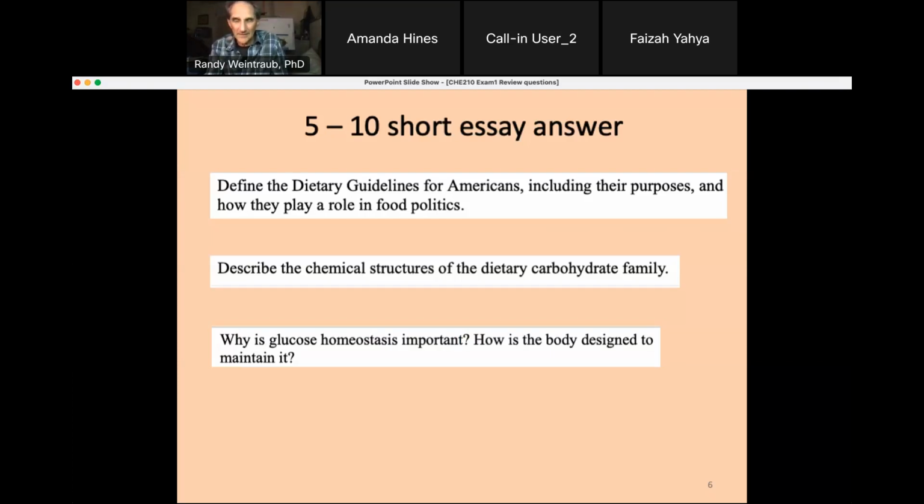We know about hypo and hyperglycemia. Too much glucose in the bloodstream could bring us toward pre-diabetes or diabetes or insulin insensitivity.